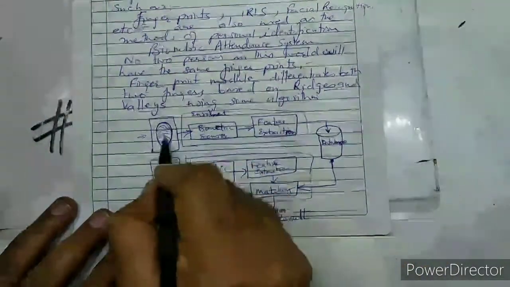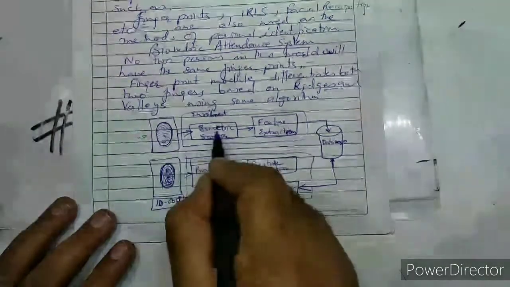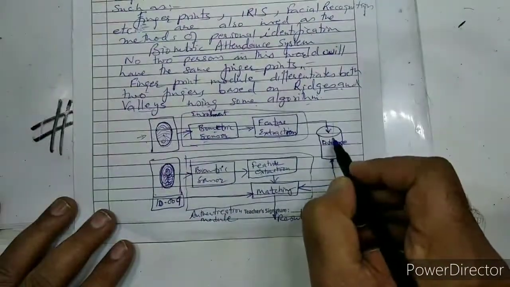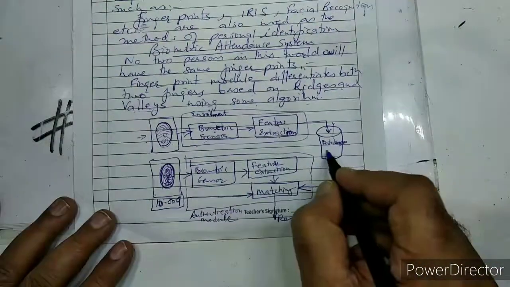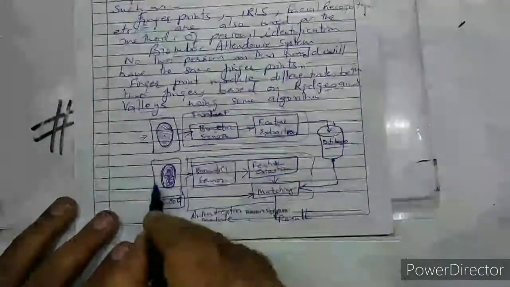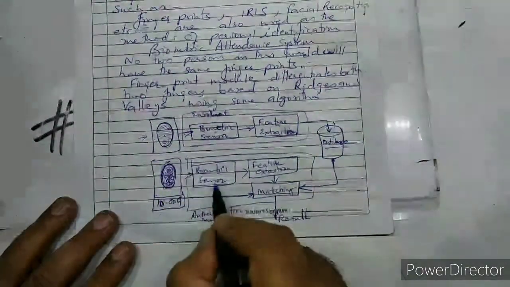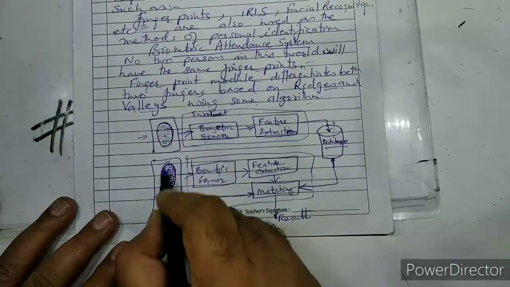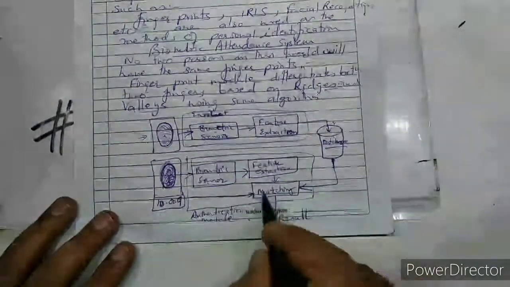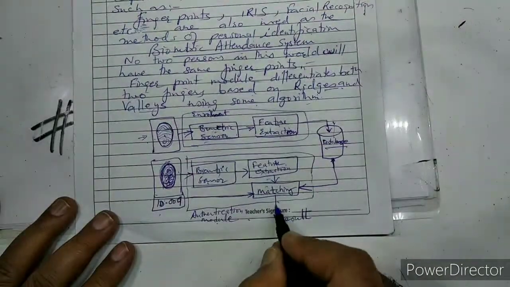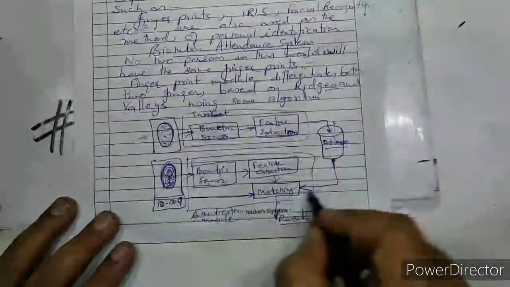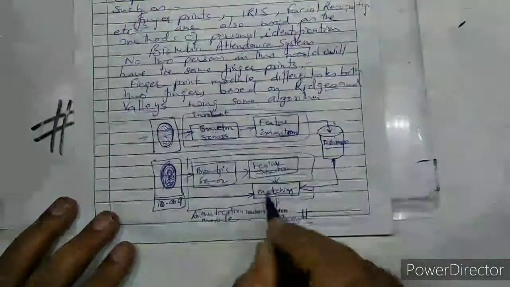Enrollment enrolls a person's fingerprint by biometric sensor, feature extraction, and it stores that fingerprint data in the database. Now, the authentication module takes the biometric sensor, reads the fingerprint and gives it to feature extraction or matching, and then it gives the result, yes or no, whether it matches the database.